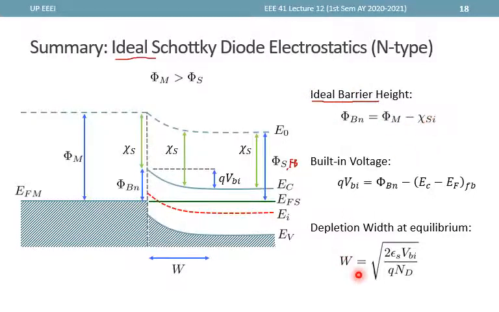And so we can, in general, say that the depletion width can be expressed with this formula, square root of 2 epsilon_s Vbi over qN_D, where Vbi can follow the equation that works even if the diode is non-ideal. We just have to adjust this Vbn factor right here.